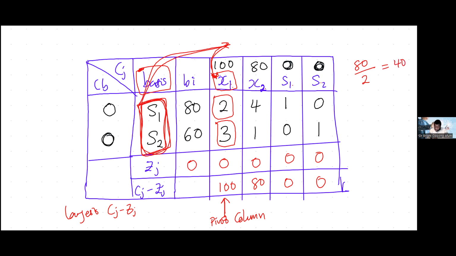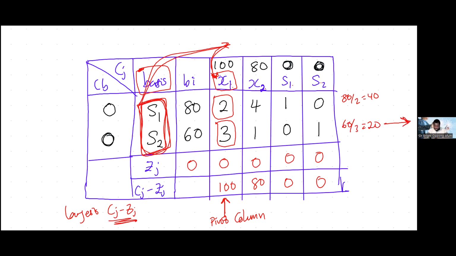Some people put it here in some tableaus: 80 divided by 2 is 40, and 60 divided by 3 is 20, right? I think it would be better to do that. When we do that, we pick the least value. Remember, for Cj minus Zj we pick the highest value. However, here we pick the least value.